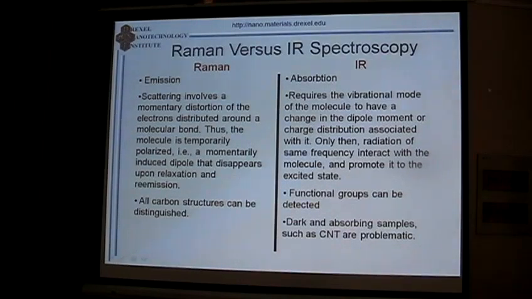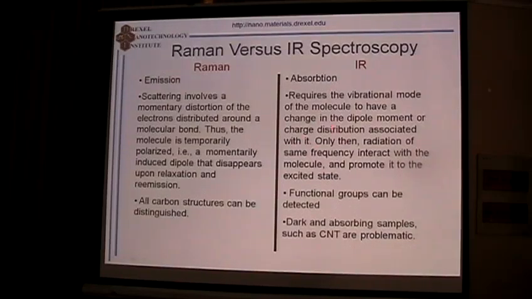These techniques, particularly in organic chemistry, are very frequently used in parallel because they give complementary information. Raman spectroscopy involves emission of light, IR absorption. In Raman, scattering is due to distortion of electrons around a molecular bond and polarization of a molecule. So, types of bonds that are easily polarized will give you signal, will give you peaks in the Raman spectrum.